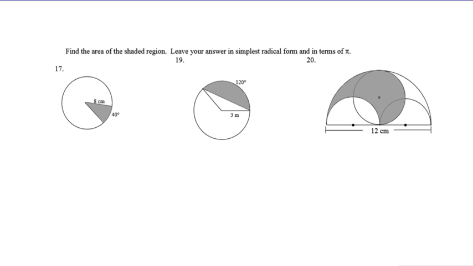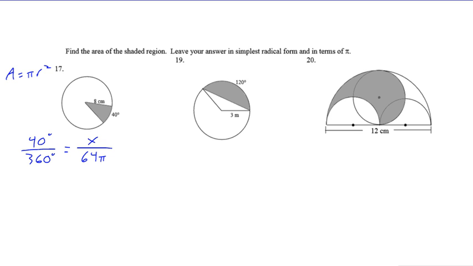Area of the shaded region. We have a sector. It is a 40-degree sector out of the full 360 degrees. I don't know what the shaded area is, but I do know that the full area of the circle is going to be 64 pi.